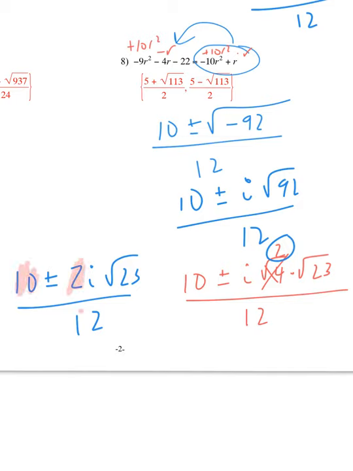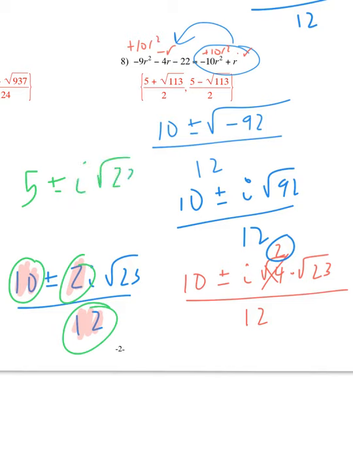Can any number go into 10, 2, and 12? And you should already know that it can. The number is 2. So we're going to divide these 3 right here by 2. And we're going to get 5 plus or minus 2 divided by 2 is 1i, or just i, the square root of 23 over 6.